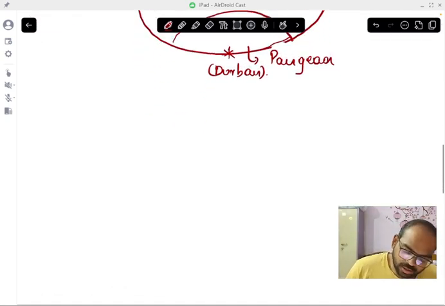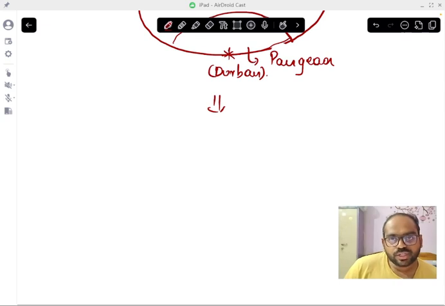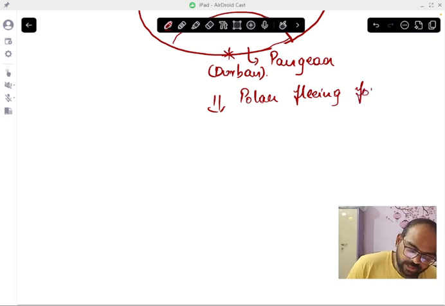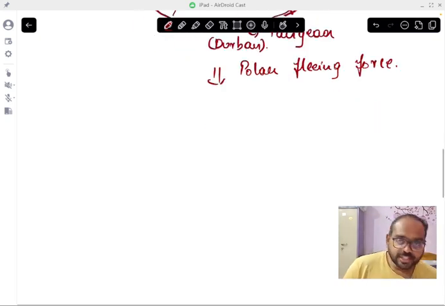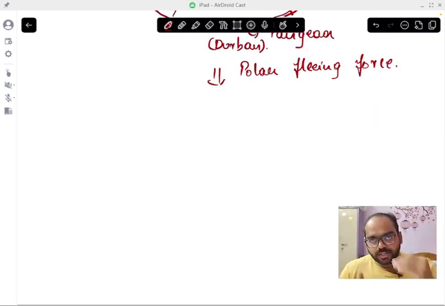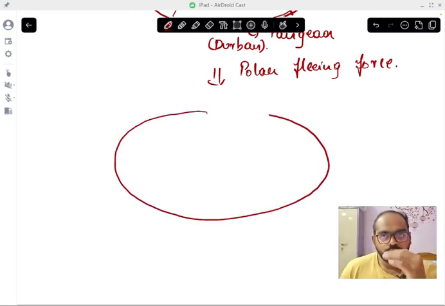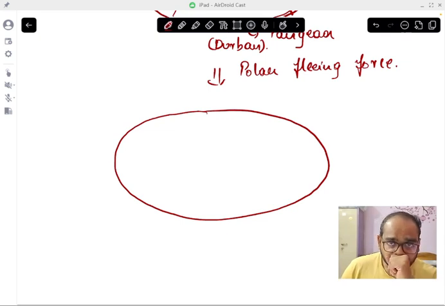Eventually, due to a force called polar fleeing force, I will explain it. Polar fleeing force, Pangaea started moving towards the equator.